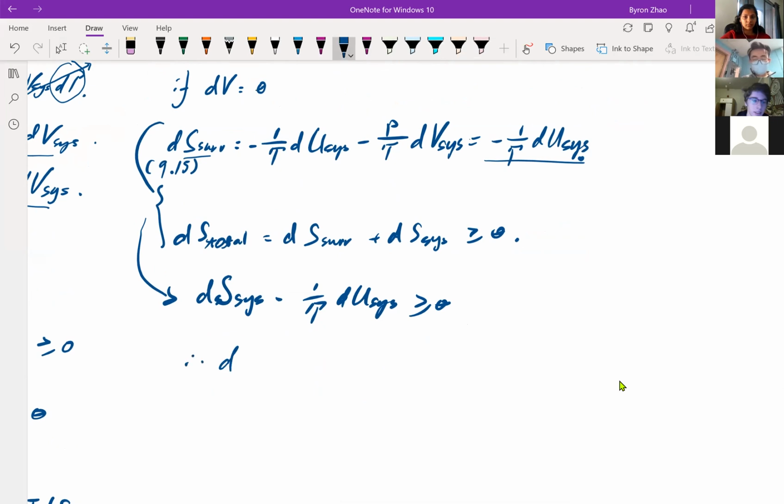Therefore, for a spontaneous change, you want dU system minus T dS smaller than or equal to 0.